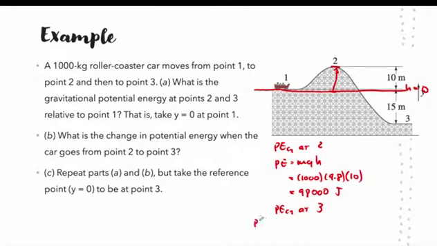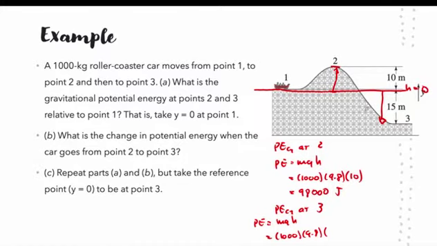Now, if I want to find the potential energy at point 3, then I do the same thing, right? Potential energy is equal to mgh, which is equal to 1000 times 9.8 times, but in this case, point 3 lies below our reference point.